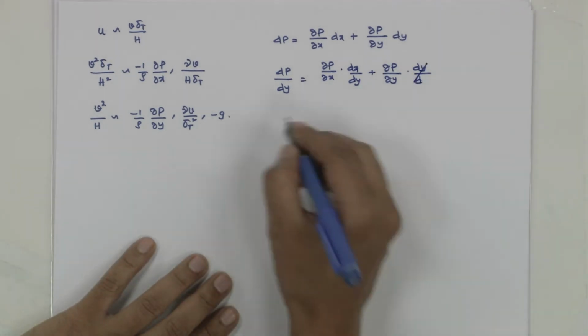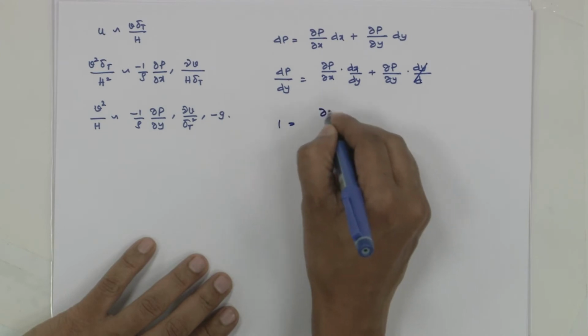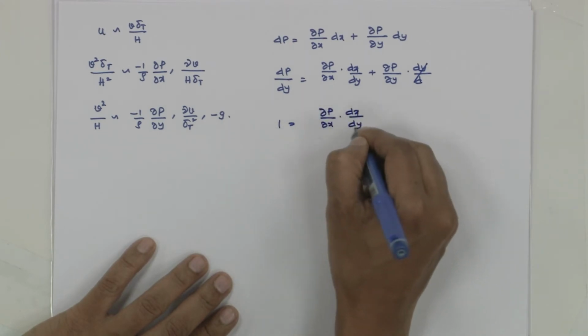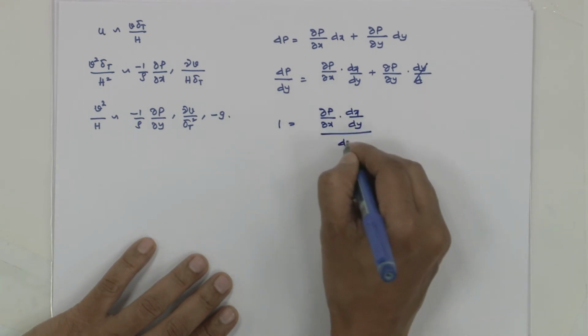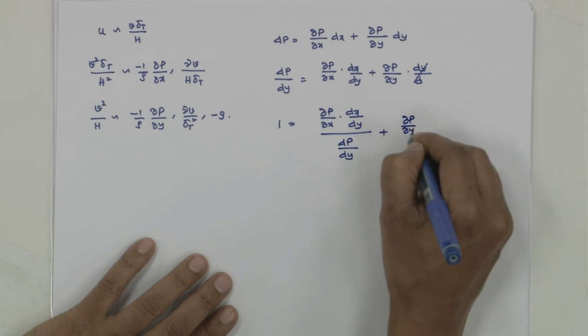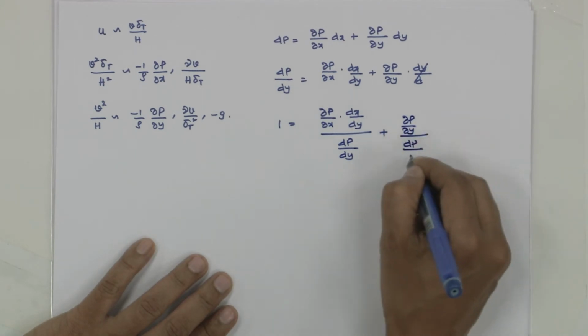Then dividing throughout by dp by dy, you get del p by del x into dx by dy upon dp by dy plus del p by del y upon dp by dy.